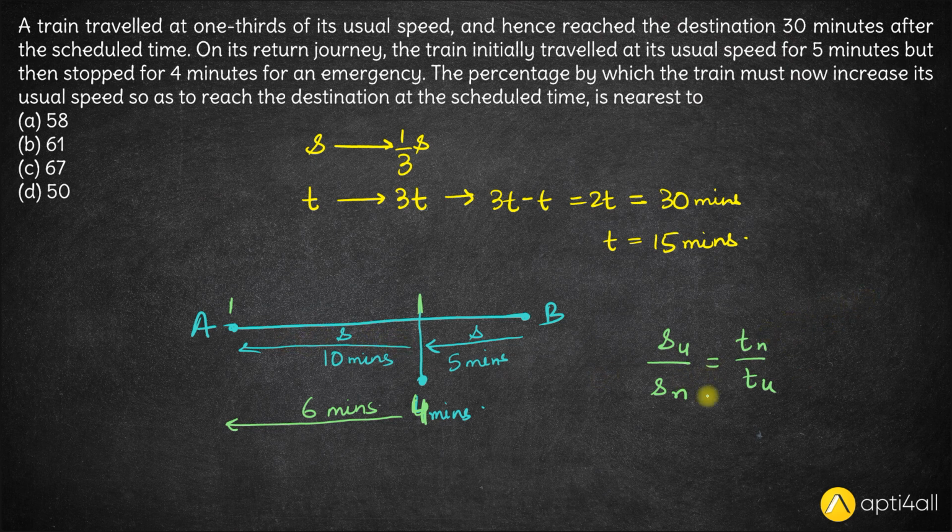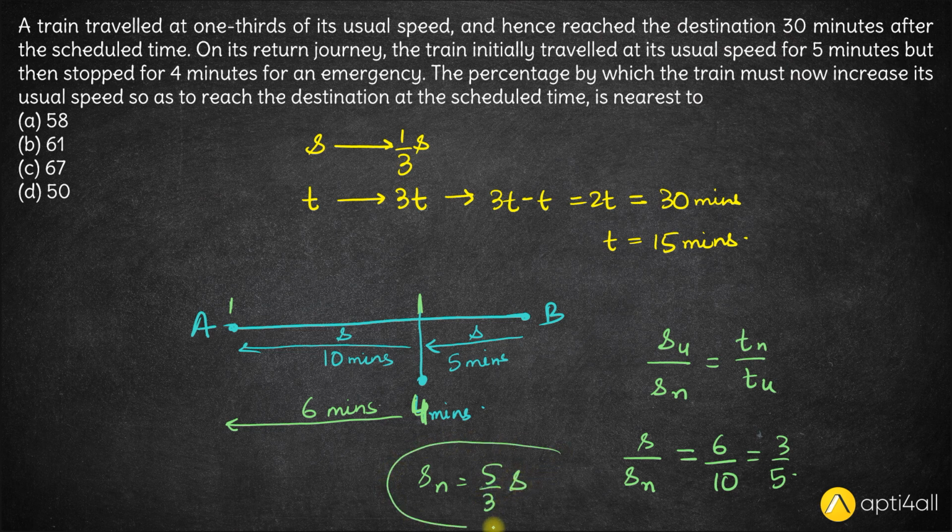So in this part, if the normal speed is S and let's say new speed is Sn, this is equal to the new time, which is 6 minutes, upon the usual time, which is 10. So this comes out to be 3 by 5. So Sn, the new speed, is 5 by 3 S. So the new speed should become 5 by 3 times the normal or the usual speed.